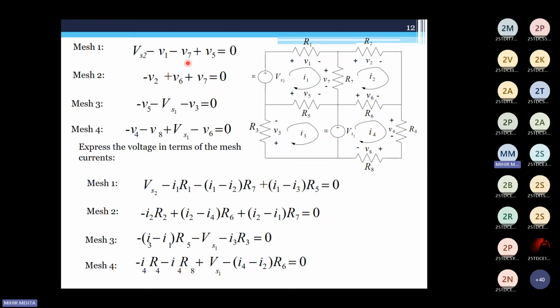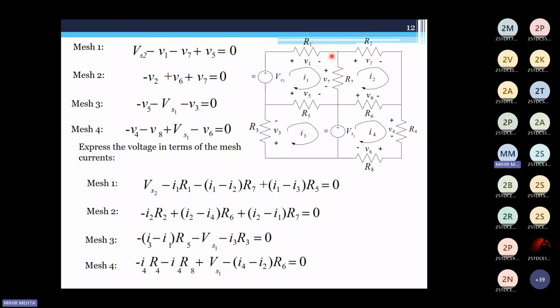I'm just indicating what is V7. If it is minus V7, the minus sign remains as it is. When I talk about V7, V7 is the voltage drop in this particular branch. Now, when I'm writing the equation for my mesh 1, it would be I1 minus I2, because both the currents are flowing in opposite direction to each other in this particular branch R7.